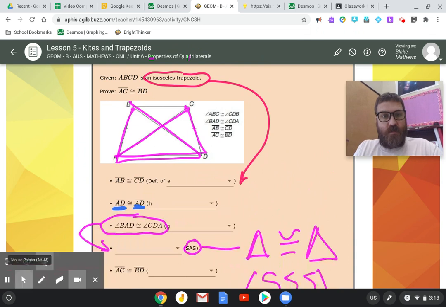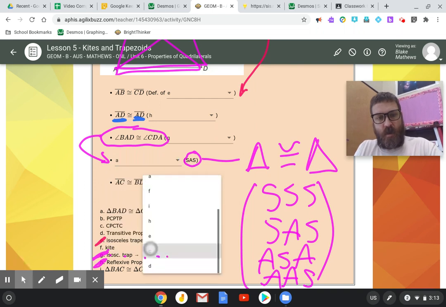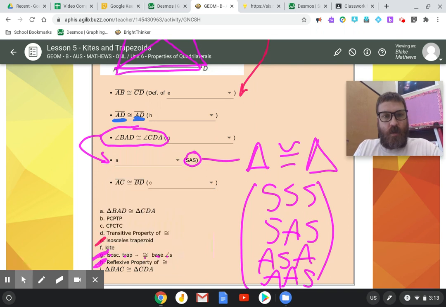That looks pretty good to me. Those were the angles from the previous one, so let's choose answer choice A. And then lastly, we know what happens after we prove triangles. The next thing is always CPCTC. Answer choice C. All right.